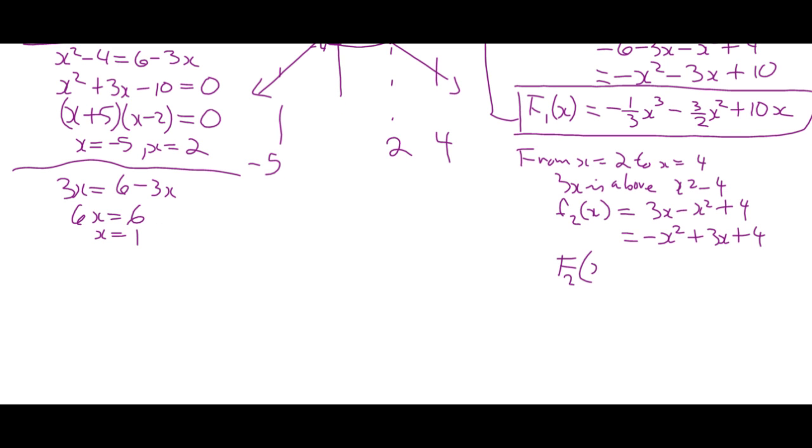So big F2 is negative 1/3 x cubed plus 3/2 x squared plus 4x. And now we get to work out the area. 3 times x. Right. Thank you.